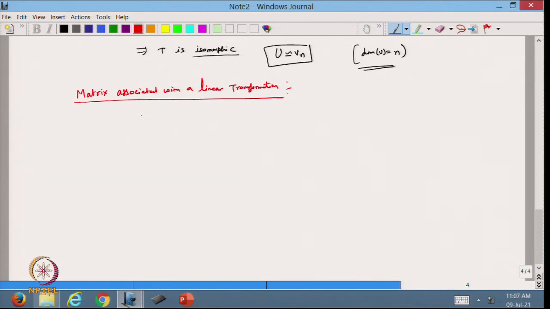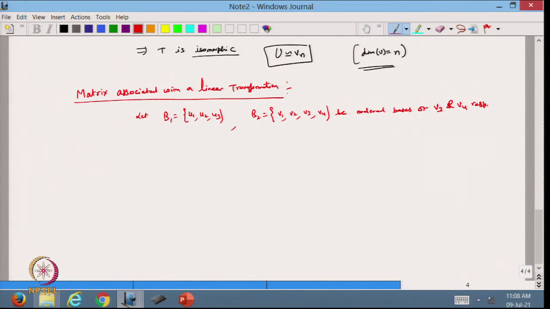Now, how can we check this one? So, let us say I have a basis U1, U2, U3, and I have another basis V1, V2, V3, V4, and these are the ordered bases of V3 and V4 respectively.